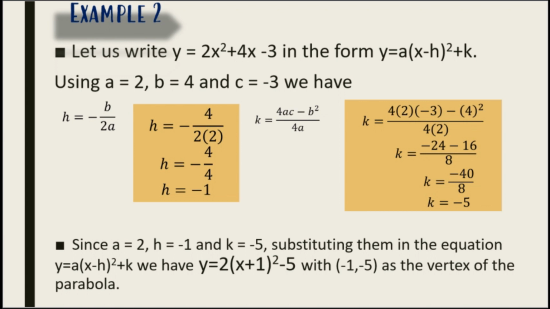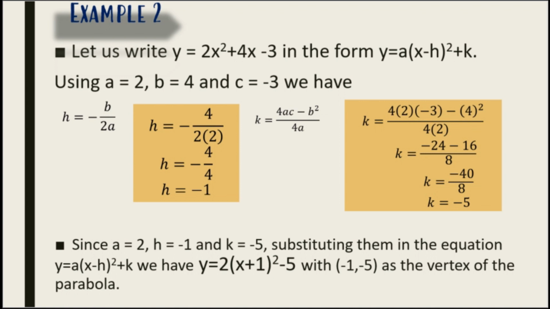Again, simply substitute the values of a, b, and c in the formula for h, which is h is equal to negative b over 2a, and also in the formula for k, which is equal to 4ac minus b squared all over 4a.